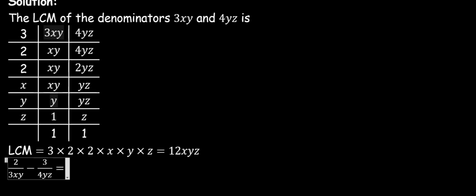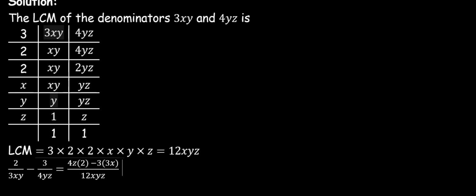Thus our given problem, which is 2 divided by 3xy minus 3 divided by 4yz, will be equal to our denominator, which is 12xyz. Then when 3xy divide 12xyz, you'll be left with 4z, multiplying the 2 at the numerator, minus 3 that is there before now.